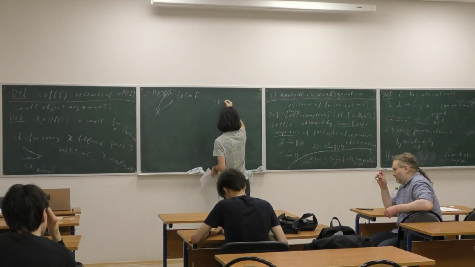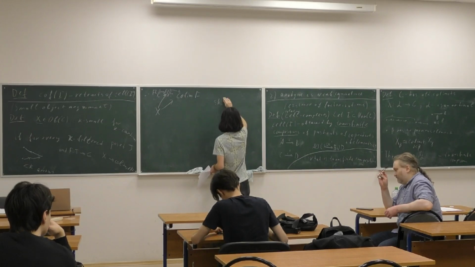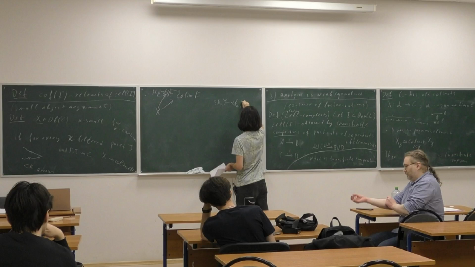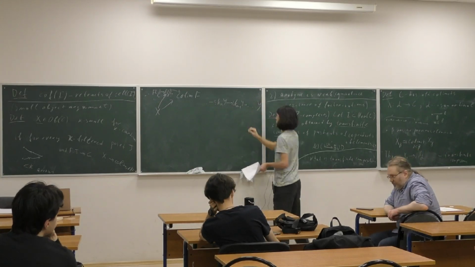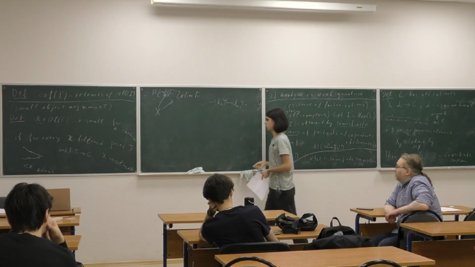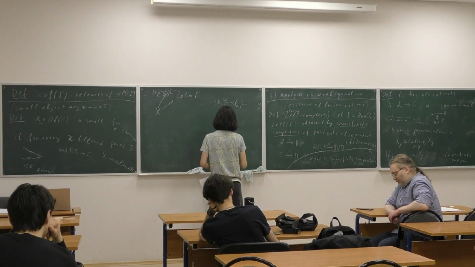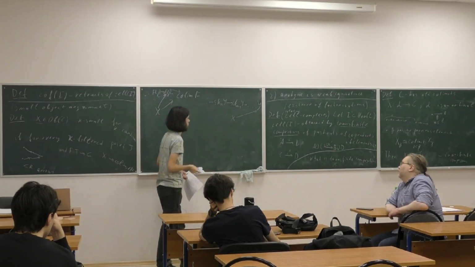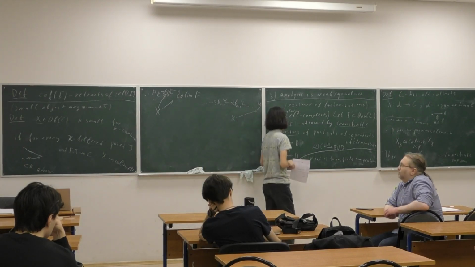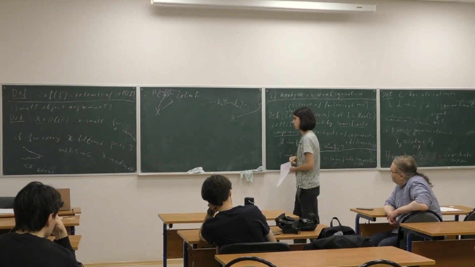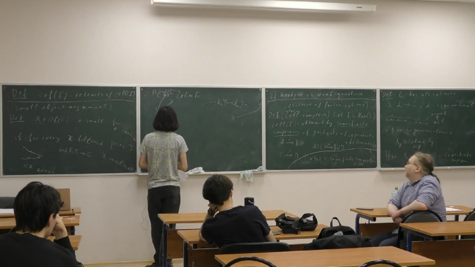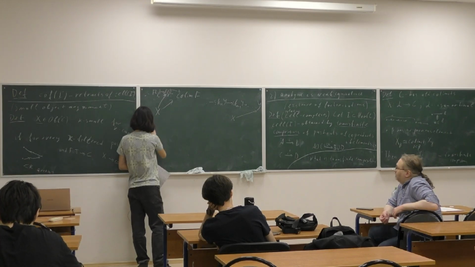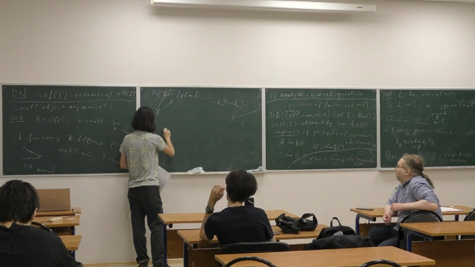Let's take the skeleton filtration of a CW complex Y. So the colimit of this diagram is Y, and let's take some topological space X and some morphism to Y. I claim that if X is a compact topological space, then it is aleph 0 small.